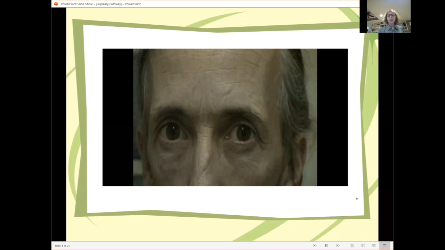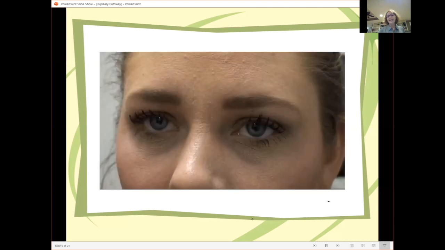This next patient has a little bit more subtle relative afferent pupillary defect. She'll have a grade 2 relative afferent pupillary defect in the left eye. What you'll see is that when we shine a light in the right eye, both pupils are going to constrict.